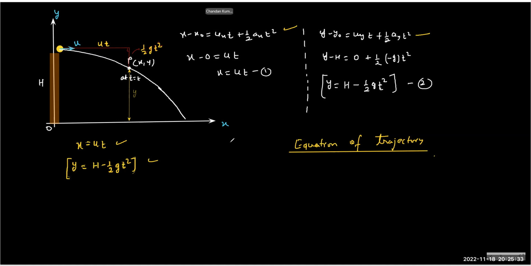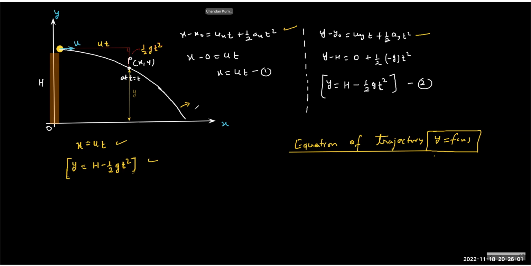So what is the equation of trajectory? Any idea? On the x-y plane, the path which I have drawn is representing the locus of points traversed by the particle.